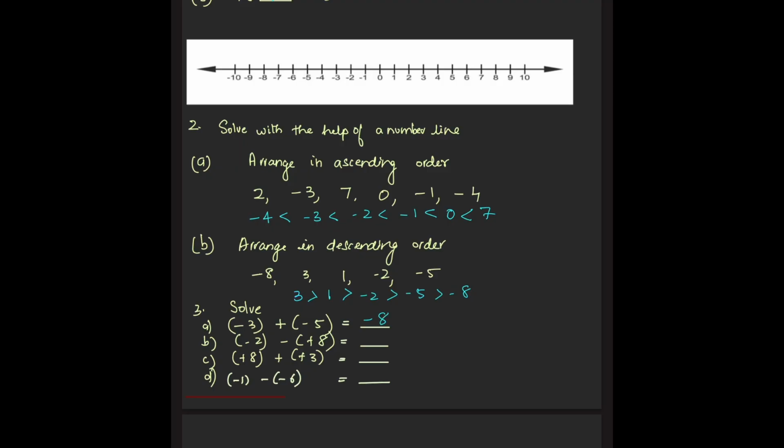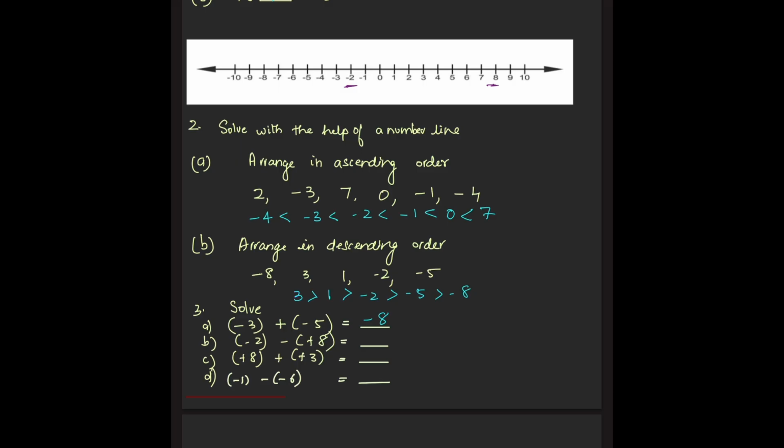Next one is subtraction of integers. All the steps will change. For subtraction, what do we do? We mark the 2 integers. So -2 and +8. I'm going to mark them. -2 is where, and +8 is here. From the second integer, go to the first integer. From the second, meaning +8, we have to move towards -2.